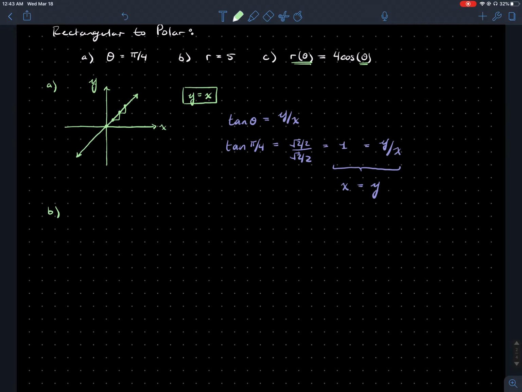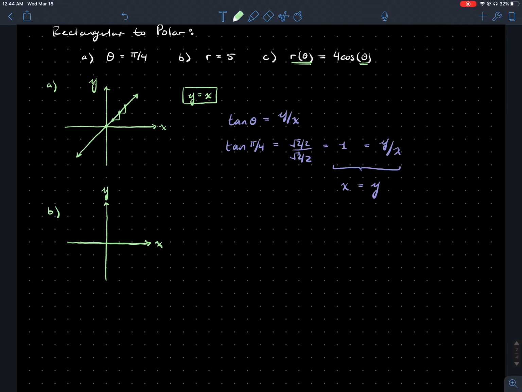Part B, similarly, we have an easy way and we have more of a way just using our tools. Okay? So now the difference with this one is that, let's draw out our axes first, is that we are keeping our radius constant.